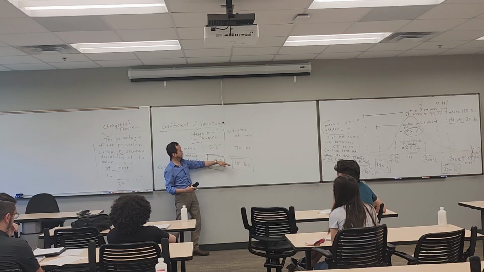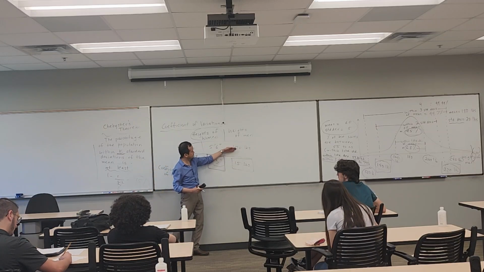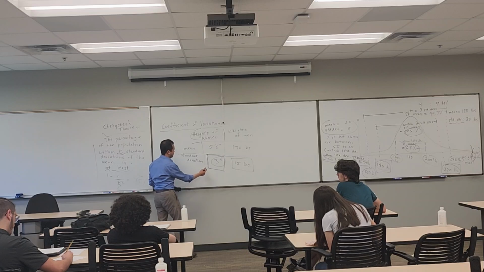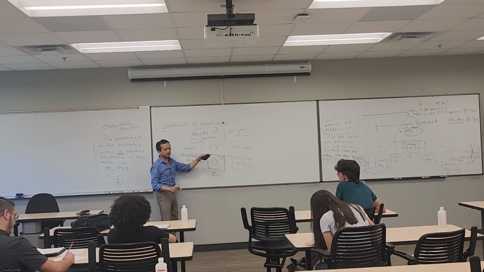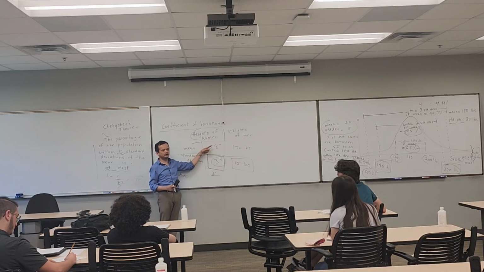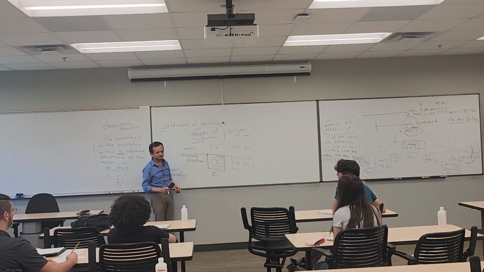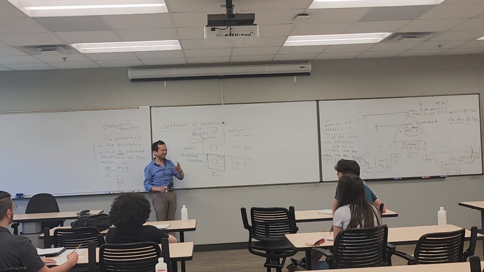And then we'll do the same thing for the weights of men. So here, if we take 3 inches and divide by 5'6", we're gonna have to convert that to all inches to be consistent. So how many inches is 5'6"? Yeah, 66. Okay, very good.